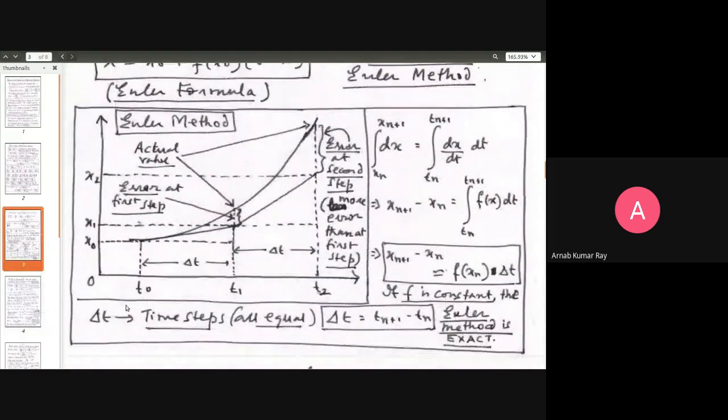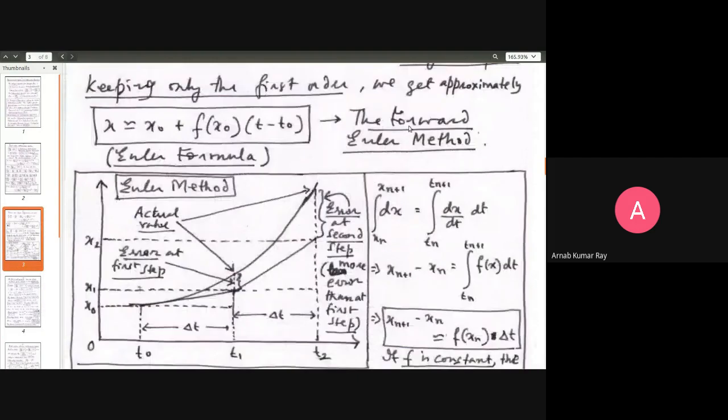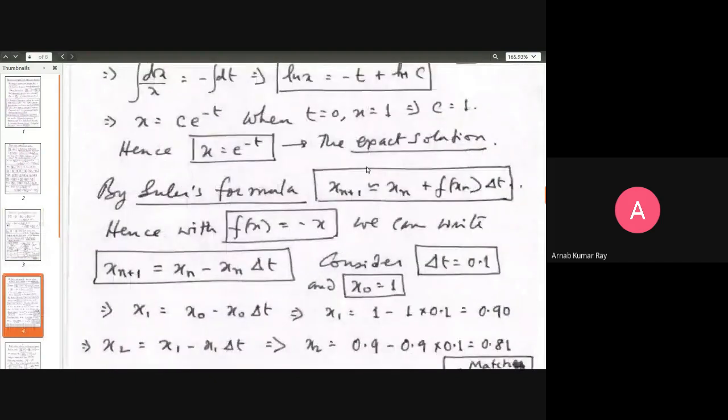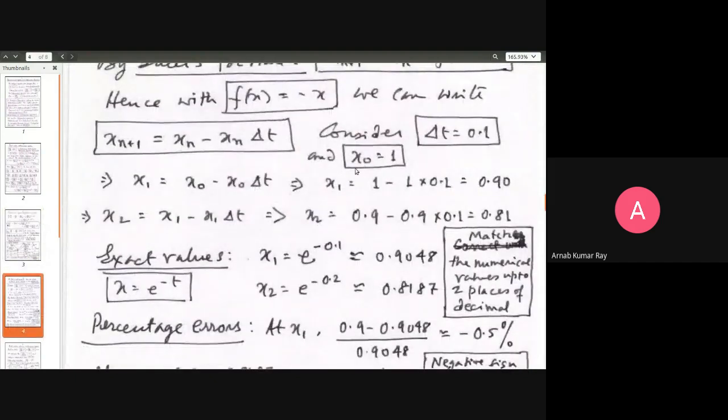So basically, you're starting with a small value of t and then you're going to larger and larger values. So that's the forward Euler method. You're going forward, starting with something. So x1 is equal to x naught minus x naught into delta t, and x naught is equal to 1, delta t is equal to 0.1, so 1 minus 1 into 0.1 is 0.9. x2 is equal to x1 minus x1 delta t.